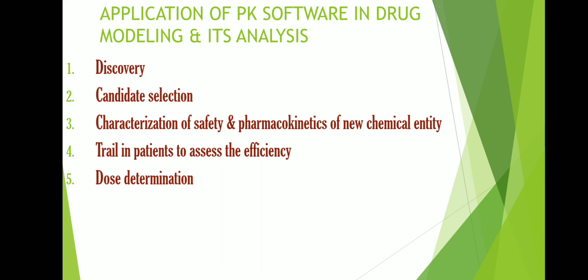Next, pharmacokinetic softwares help us characterize the safety of a new medicine, that is, the new drug we are inventing or discovering, to know whether it is safe or not, how much it is getting absorbed, and whether it is crossing the maximum safety level and producing toxicity. Also whether it is absorbed sufficiently to at least reach the minimum value needed to produce a therapeutic effect, or whether it is just not effective. And whether it is clearing out of our body by excretion or not.